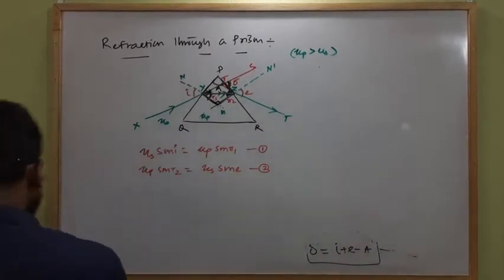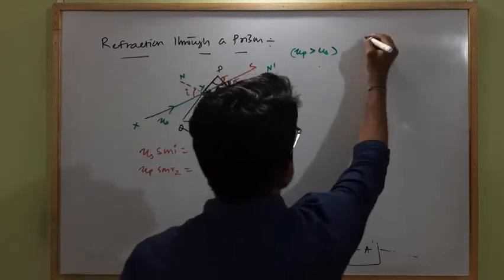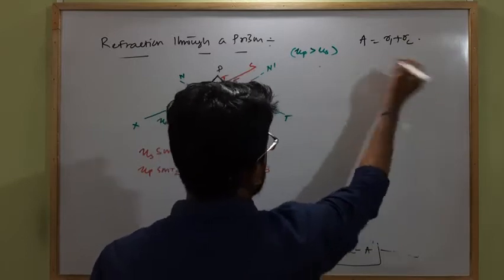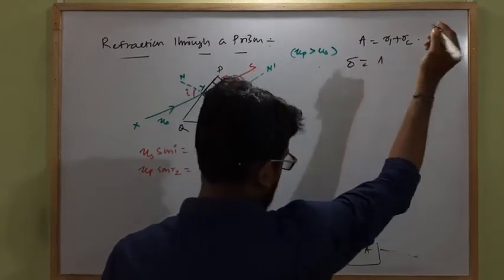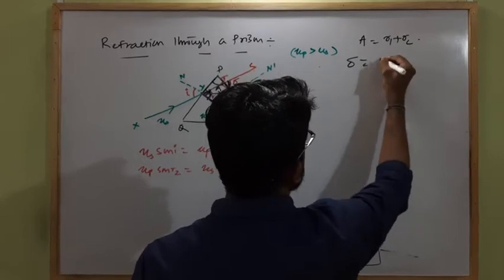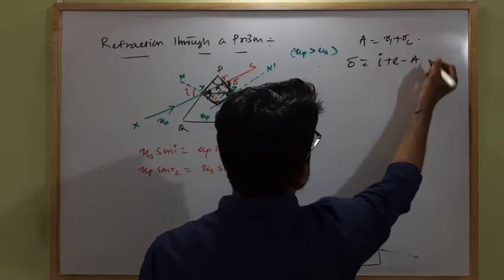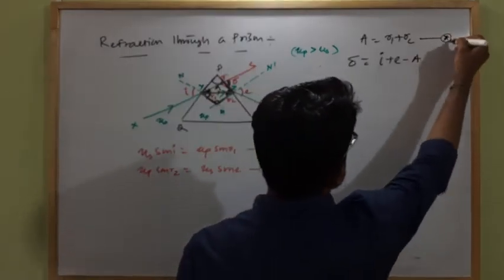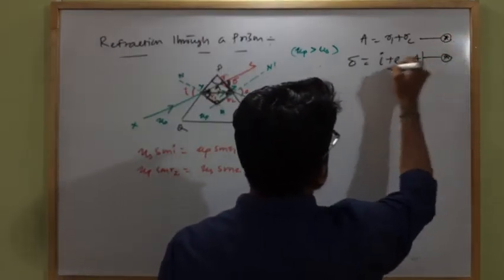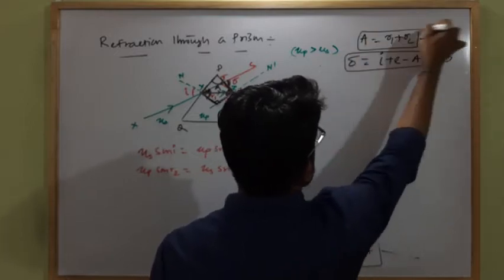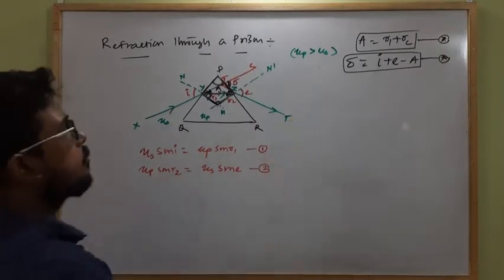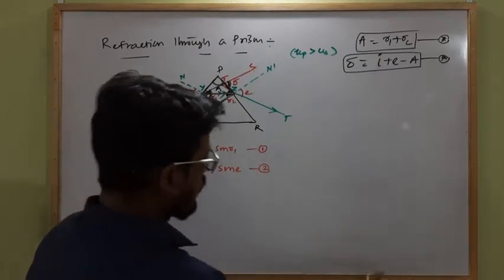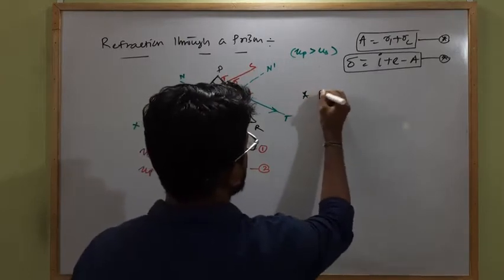So I am here writing all the relations: A equal to R1 plus R2, and delta equal to I plus E minus A. Okay, so these are the two relations we get.